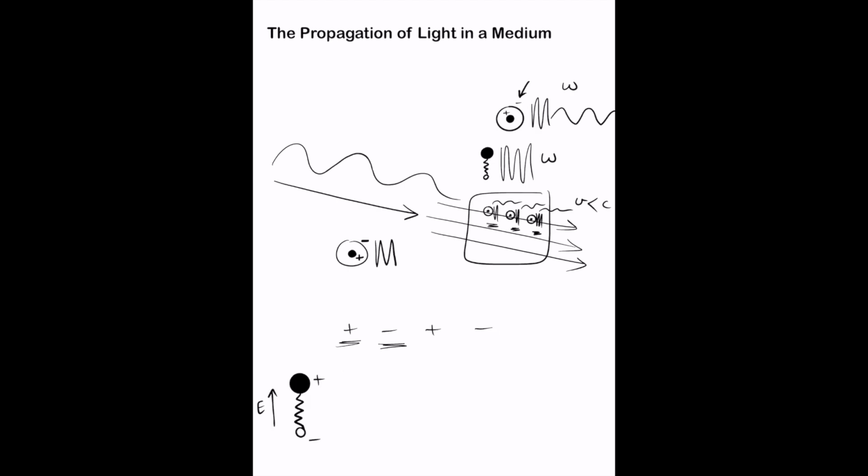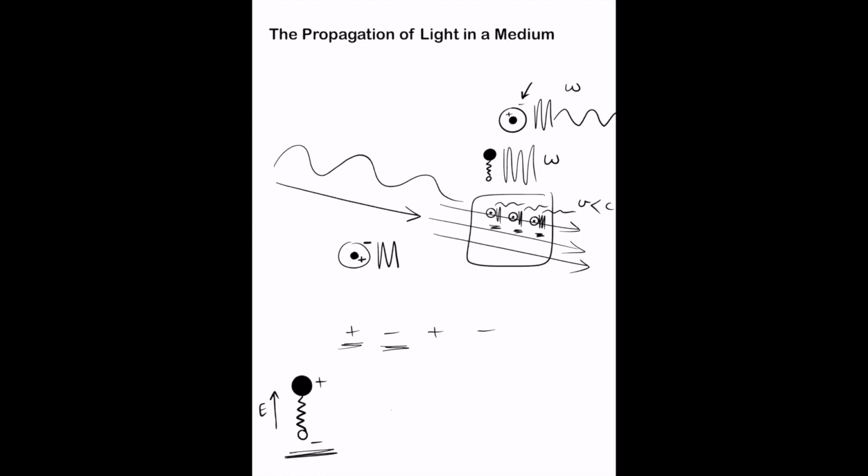So another type of vibrational oscillator is a polar molecule as shown here, which consists of two oppositely charged atoms. So the charged atoms can oscillate around their equilibrium positions and produce an oscillating electric dipole that is analogous to the oscillating dipole due to the bound electrons in an atom.